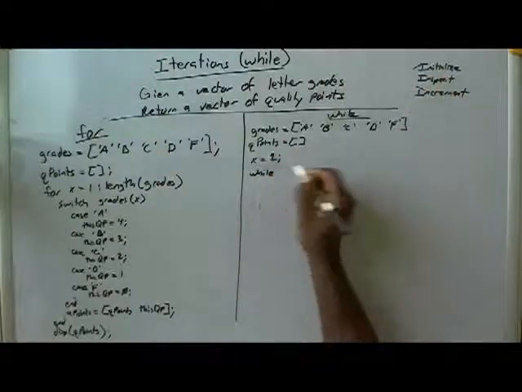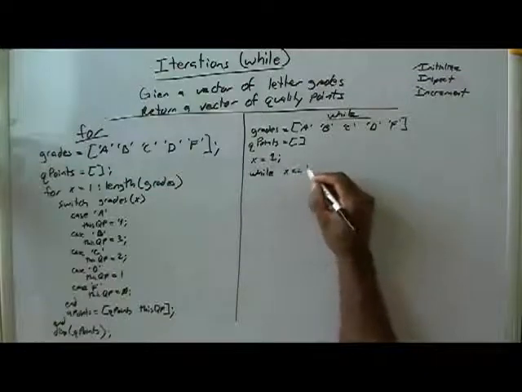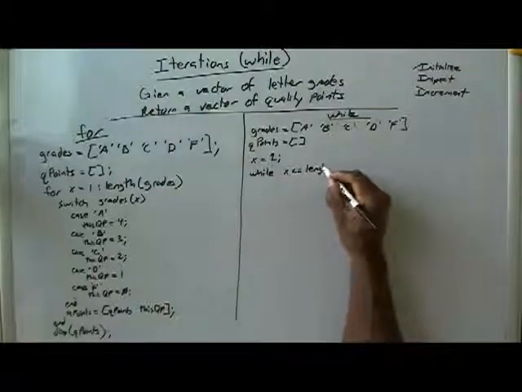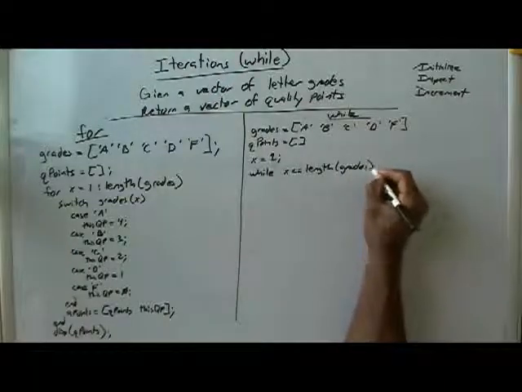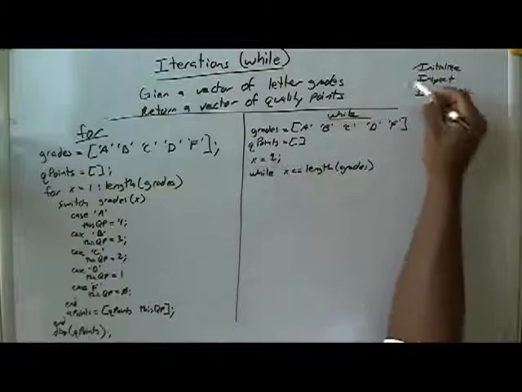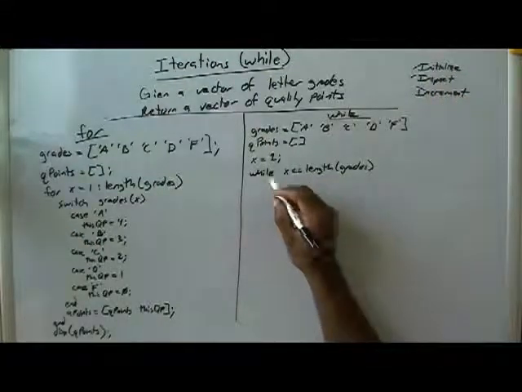Then we're going to set up our while loop, and we're going to check to see that x is less than or equal to the length of grades. Okay, so this is our inspection that we'll do every time through the while loop.